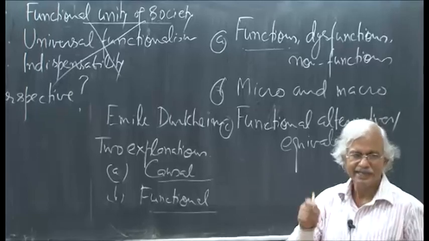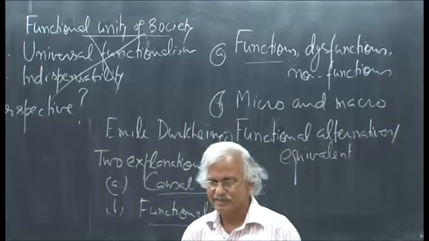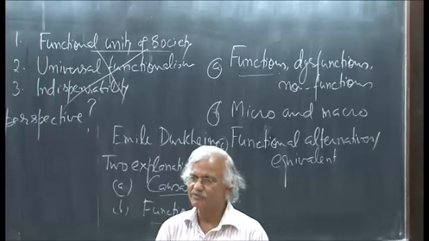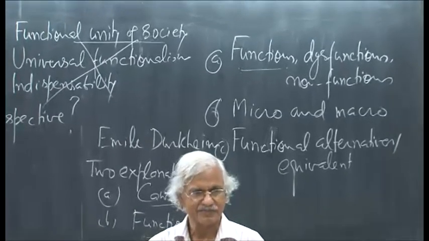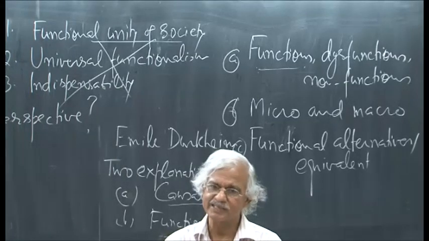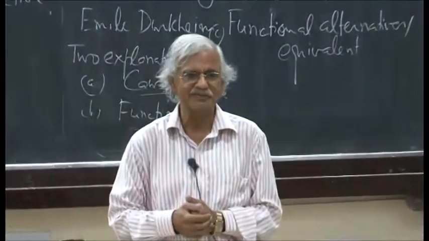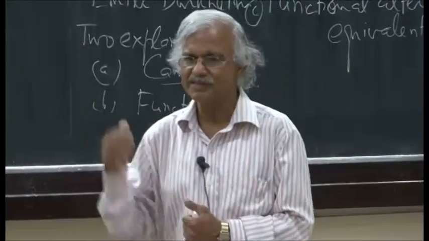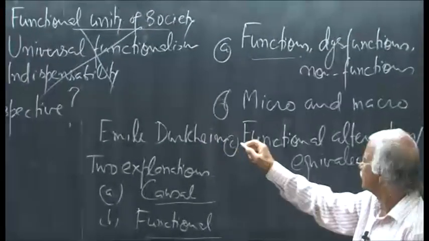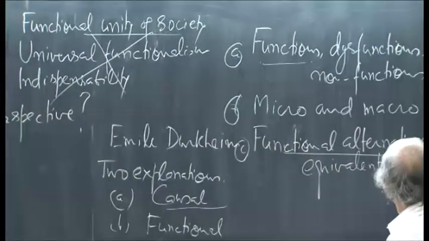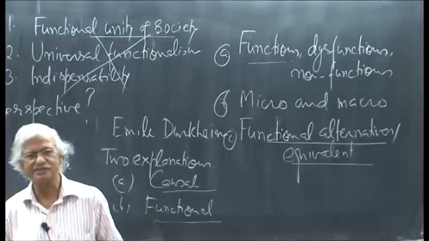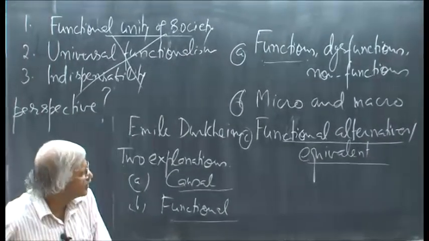So, if you agree with Kingsley Davis and Wilbert Moore that social stratification is a way of role allocation, then you can find other ways of role allocation without having social stratification in society. This is what Merton will say, that nothing is indispensable. You can certainly explore what are the alternatives, functional alternatives or equivalents.